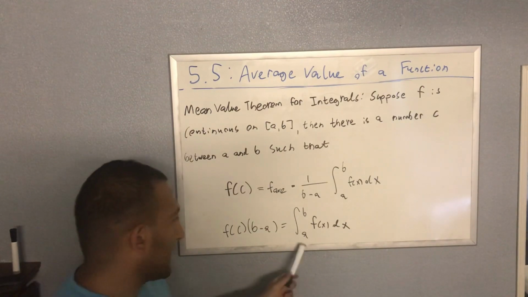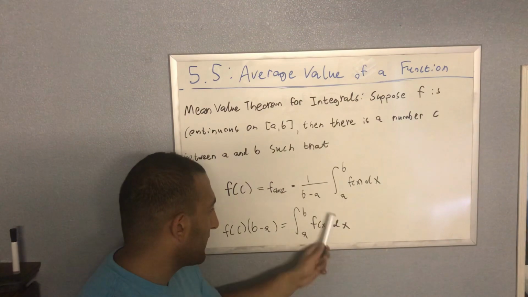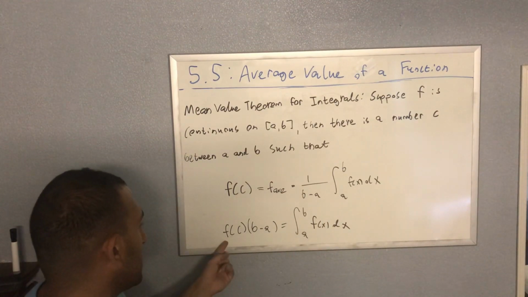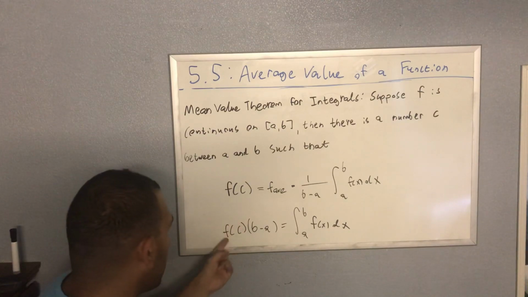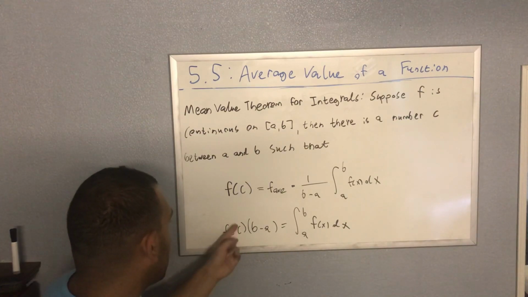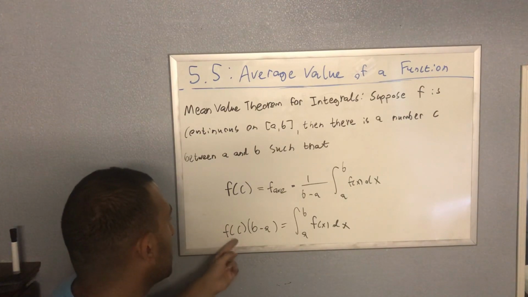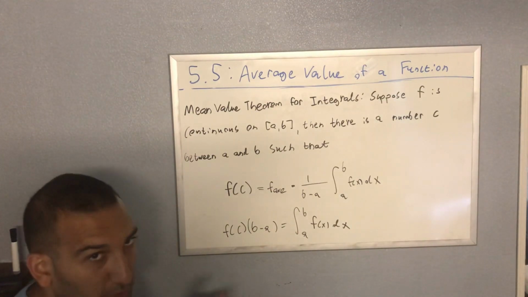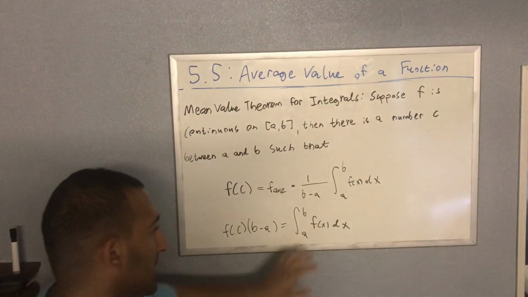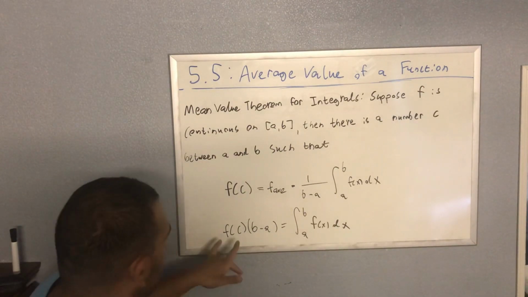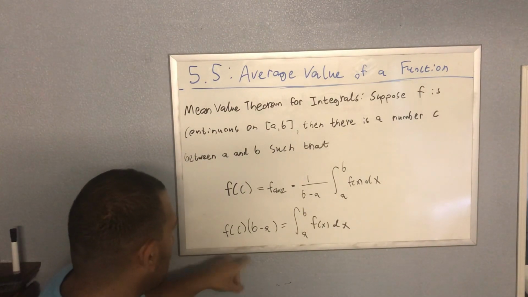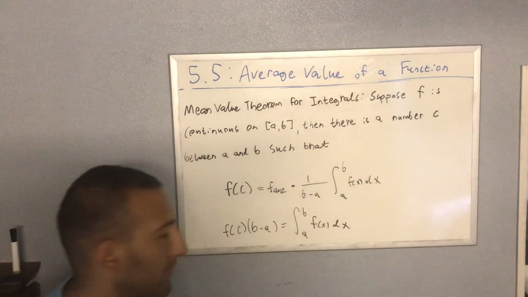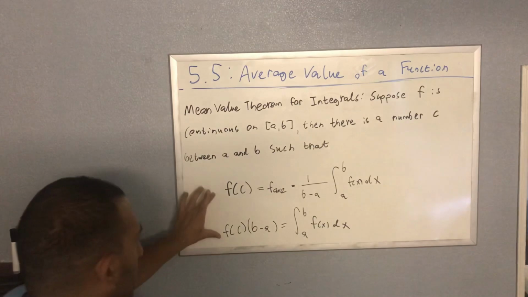It's saying that the exact area under the curve here is really just the average value of the function times the length of the interval, which is pretty crazy. It's saying this perfect area under the curve is average value, or f of c, times the length of the interval.